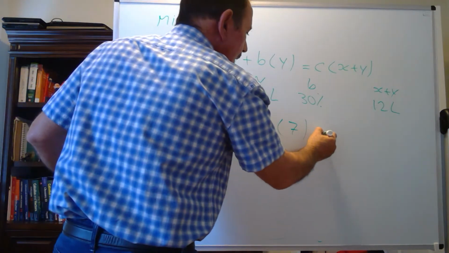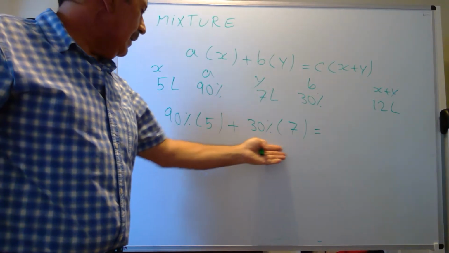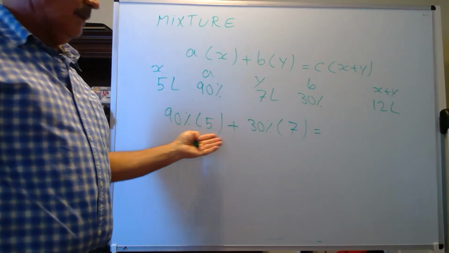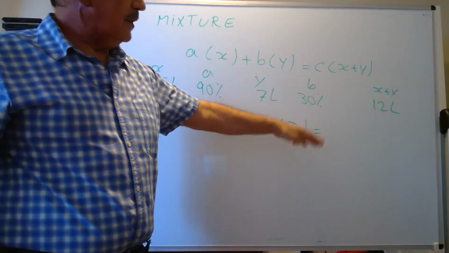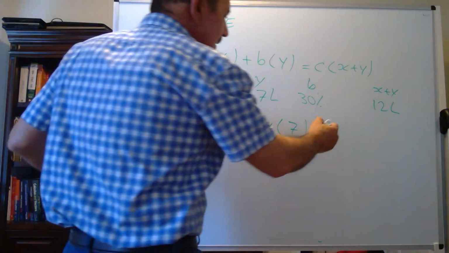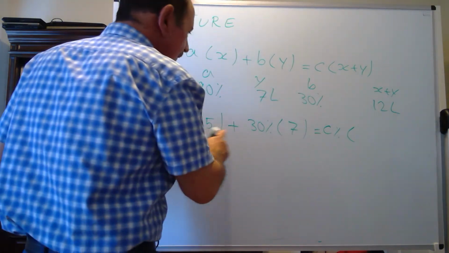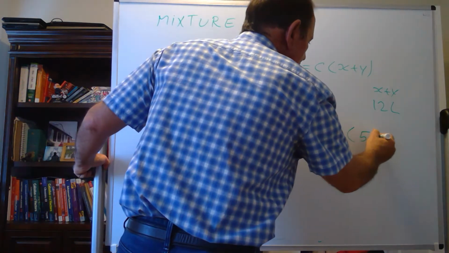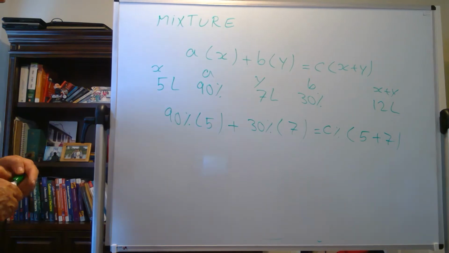Gives me how much? C percent, I don't know, because it's the only unknown. I can name it X, but I want to just follow the formula. I name it C percent of X plus Y, which is 5 plus 7. Okay, now I should calculate this one.